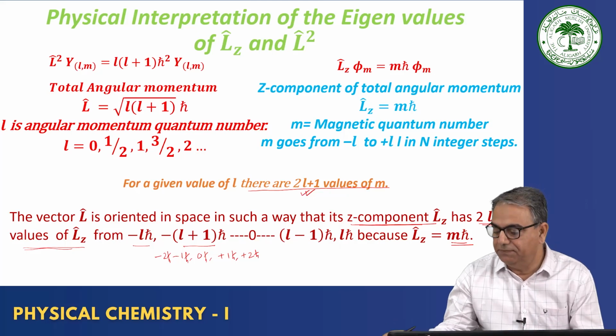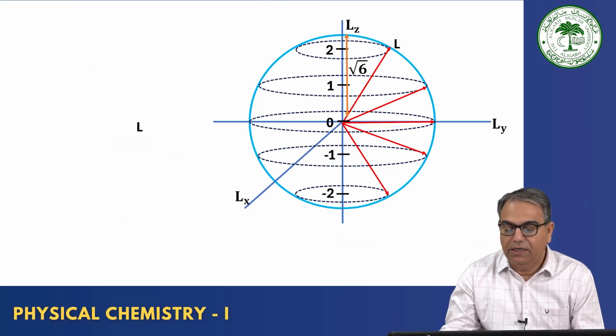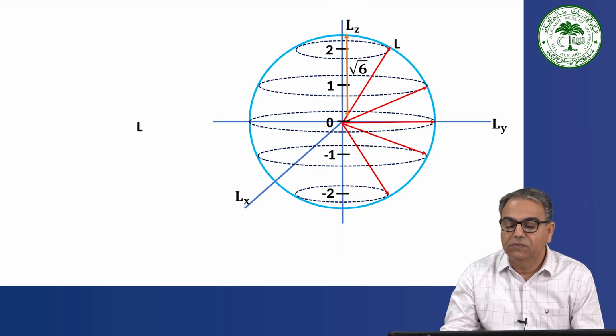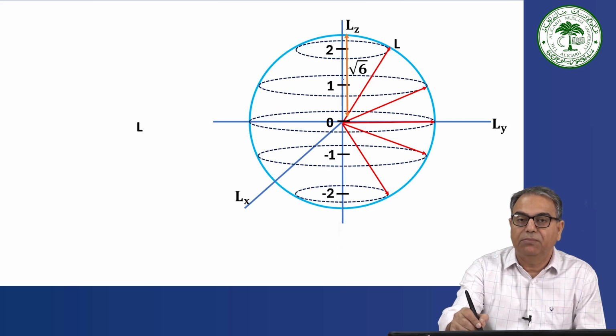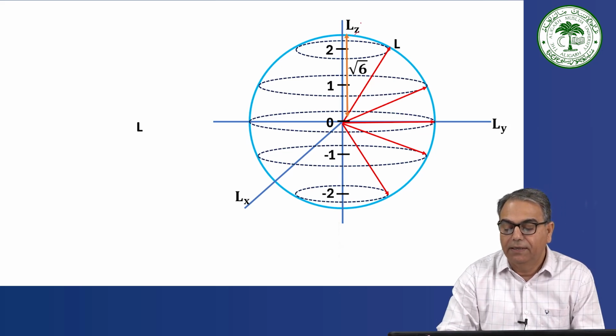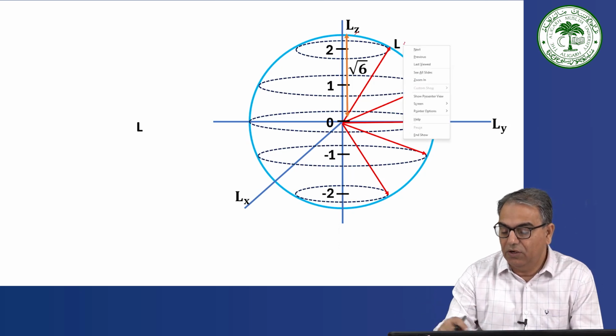So what does it mean? It means that if you have a condition like this one, this is the z component, which is vertically in this direction. Then this is the Ly component, and this is the x component, Lx. All these red lines are the components of angular momentum.